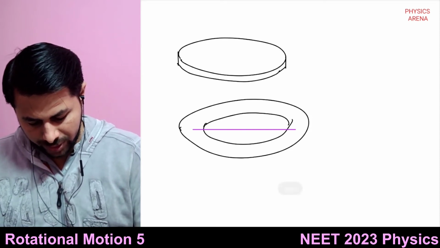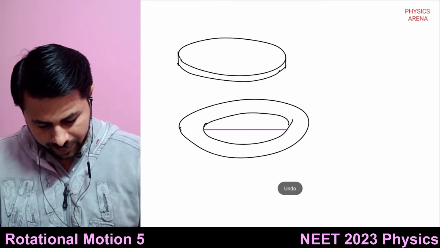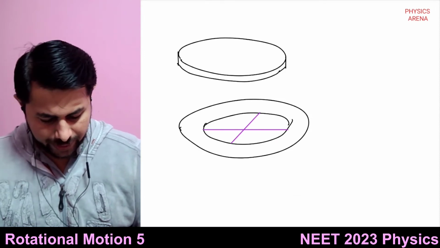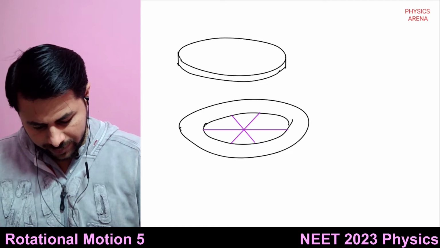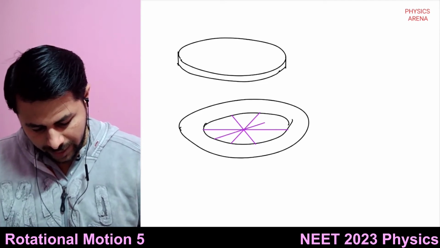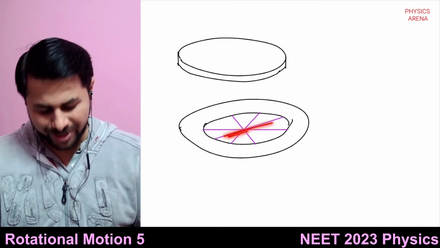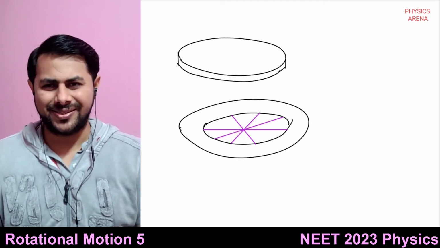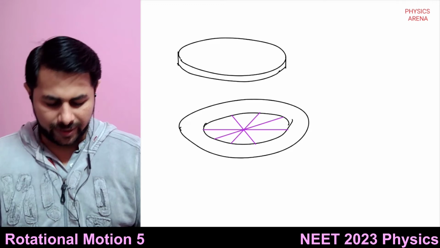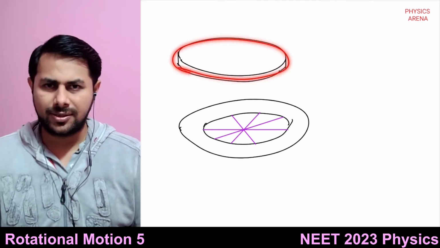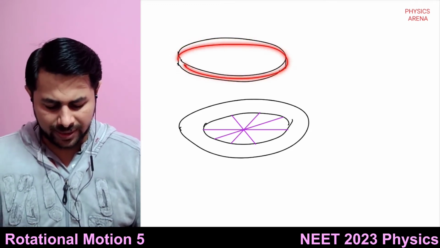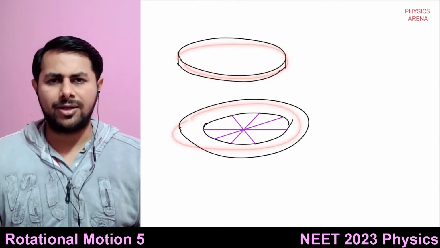So it will have spokes, and suppose that these spokes have no mass. So these spokes are massless for simplicity. But the mass of this disc and the mass of this wheel is equal.